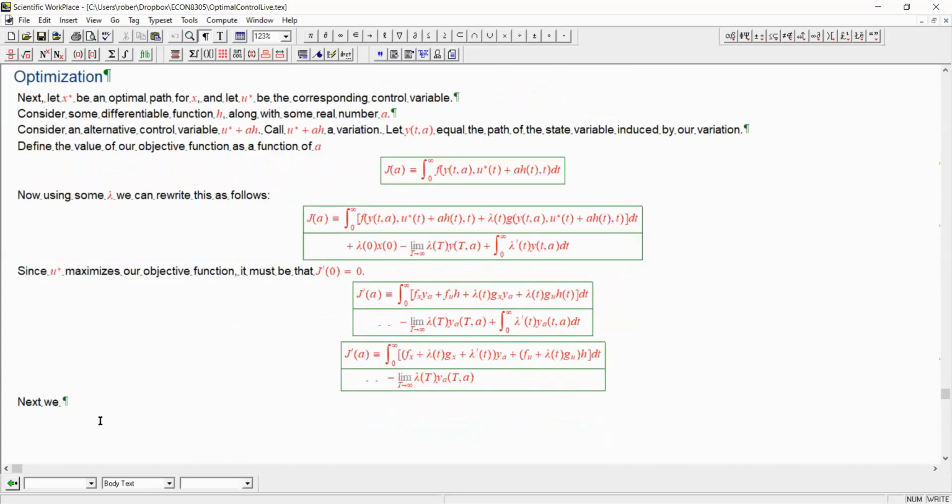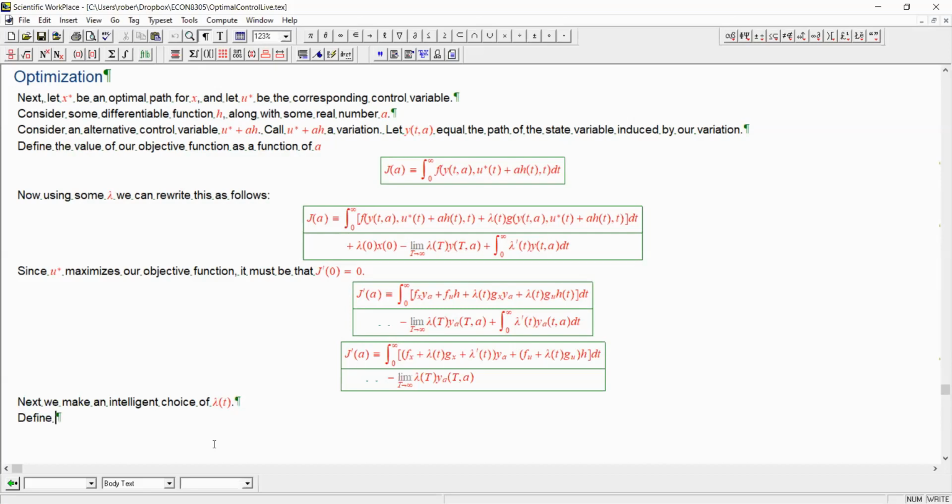Next, we are going to make an intelligent choice of lambda. So far, lambda has just been continuously differentiable, but that means that it should hold for any particular lambda that we would like to explore. So we're going to choose one that's going to give us further insights.